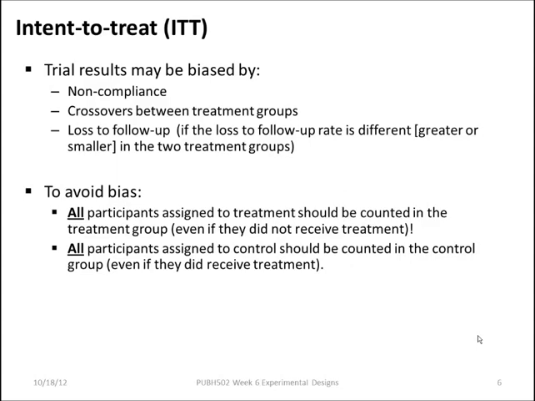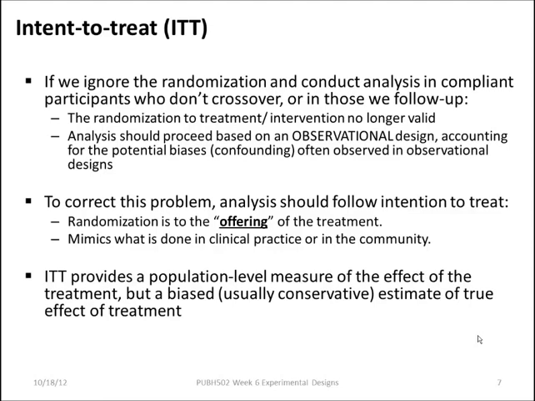And that just keeps our results unbiased and gives us a good sense of, if we were to implement this treatment in the population more broadly, where we would see noncompliance and crossovers and loss to follow-up, what kind of population level effect might we see? So why do we have to do intent to treat? And analysts are sticklers about doing intent to treat for good reason.